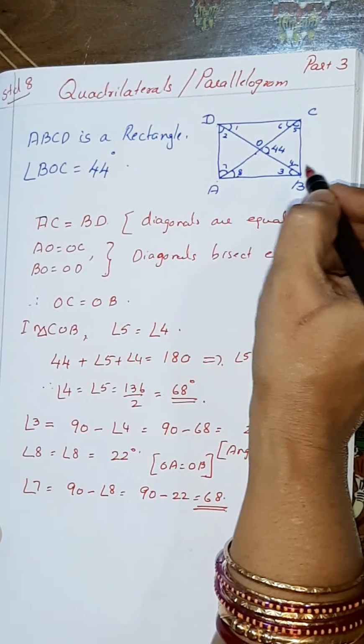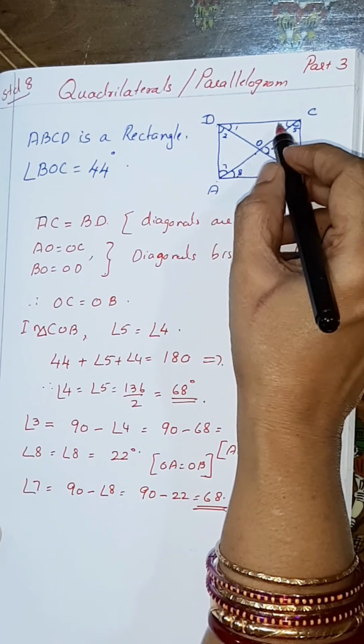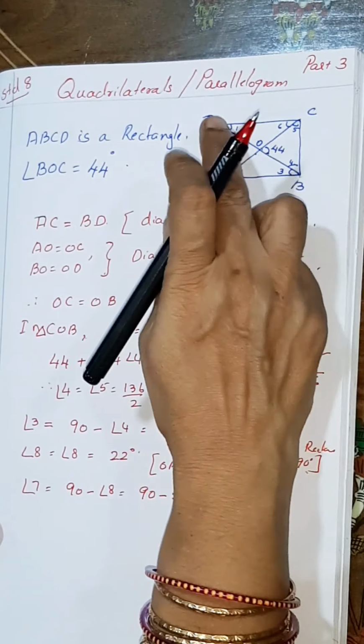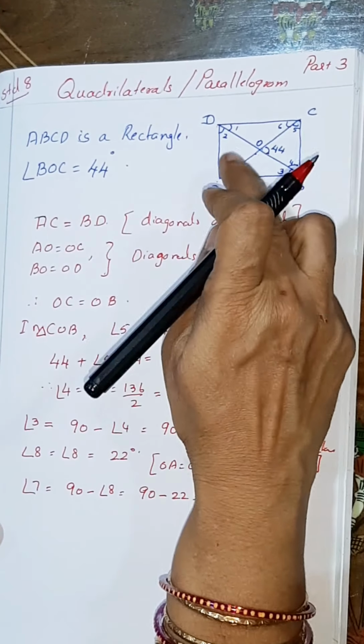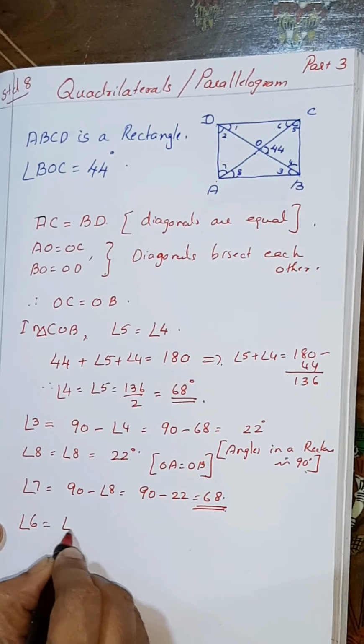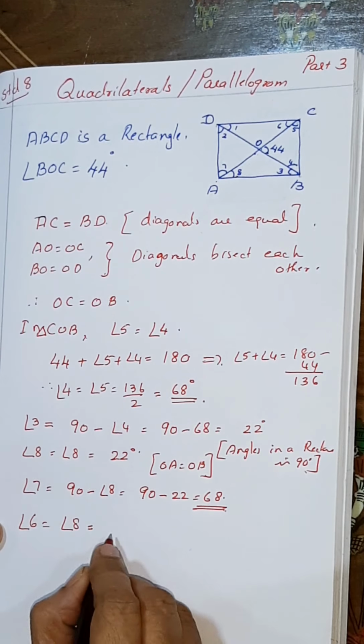So now once you get 3 and 4, 7 and 8, then we can write 8 is equal to 6. These are alternate angles, because AB is parallel to CD, so 6 and 8 will become alternate angles. So angle 6 is equal to angle 8, and angle 8 is 22 degrees.